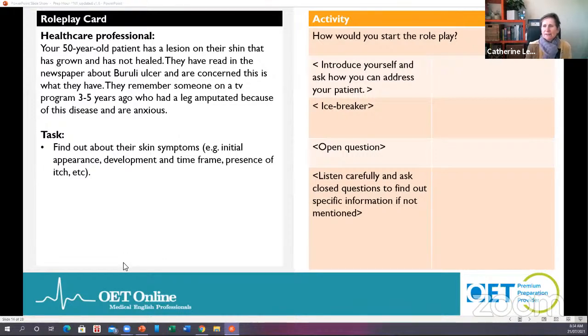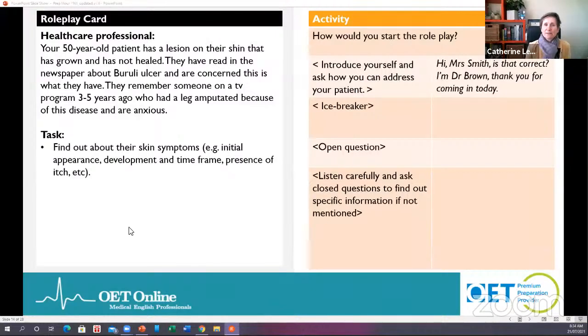The icebreaker, this idea is what we're going to say as the next thing that we say to the patient. So try to use some of your background information here. I think this is a really nice idea to use the background.